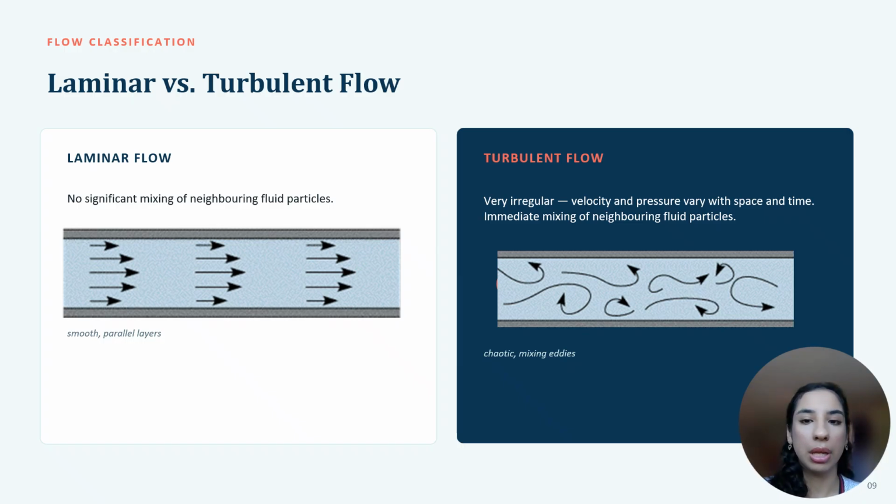Now think of turbulent flow like the opposite: everything is everywhere, very irregular and chaotic. Velocity and pressure can vary a lot with space and time, because the fluid particles are colliding or mixing with neighboring fluid particles. All of that weird stuff is happening.